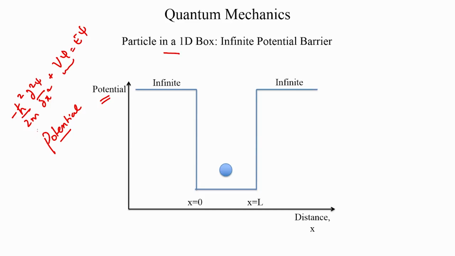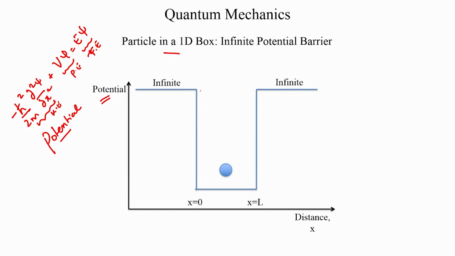So, we are equating energies. We are saying that this is the kinetic energy, this is the potential energy, and that is the total energy. But since the potential is the equivalent of the potential energy, I would sometimes use the term potential while talking about these concepts.